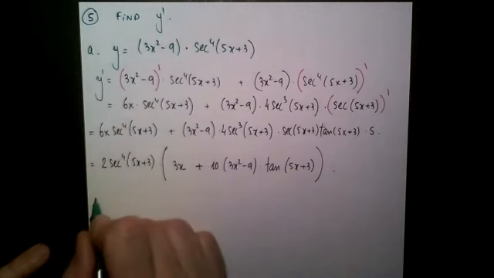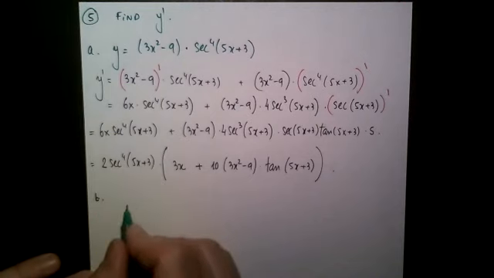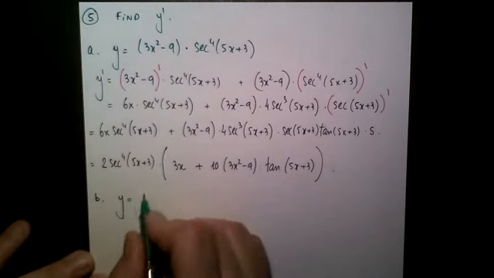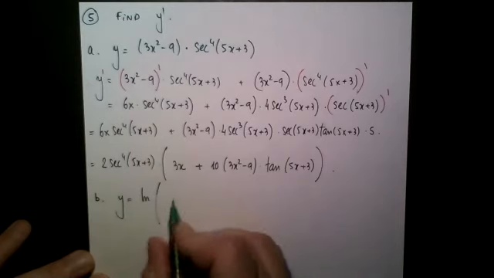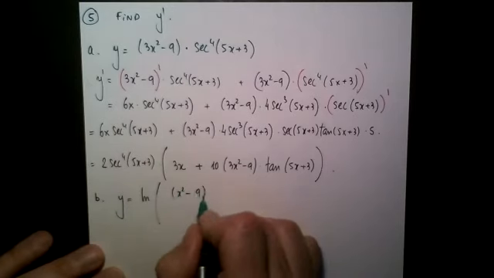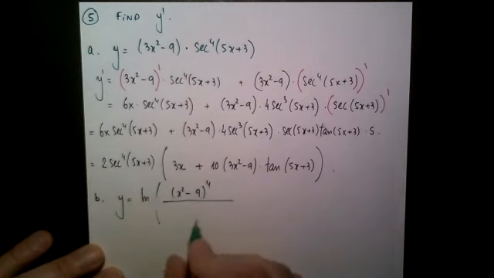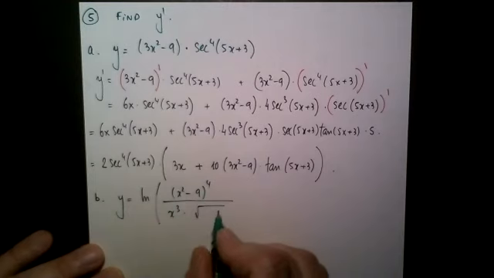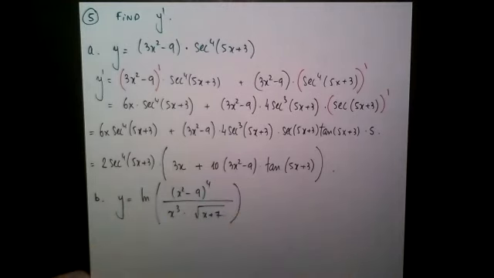B. y is equal to ln of (x² minus 9) to the power of 4 over x cubed times the square root of (x plus 7).